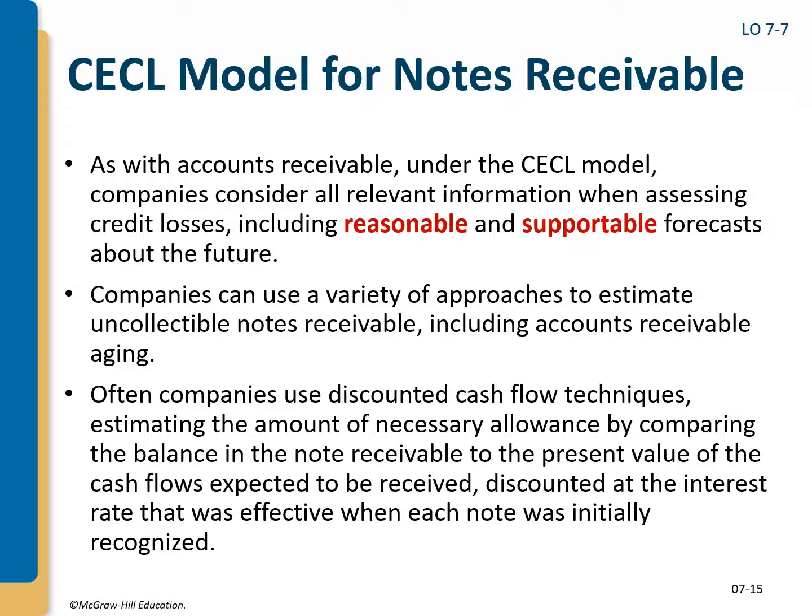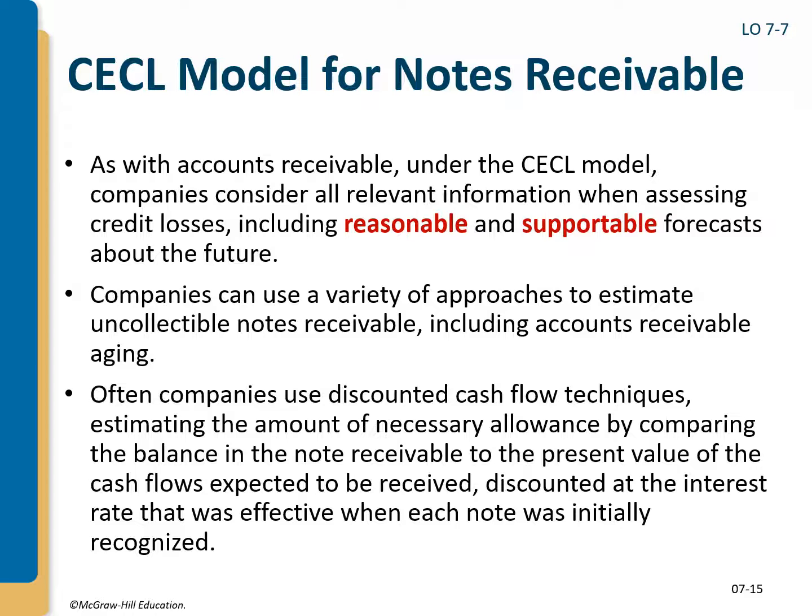So we're going to consider all relevant information when assessing credit losses, including reasonable and supportable forecasts about the future. Companies can use a variety of approaches to estimate uncollectible notes receivables, including an aging, like we did for accounts receivables. Often, companies use discounted cash flow techniques. Now we're getting into a lot of finance calculations.